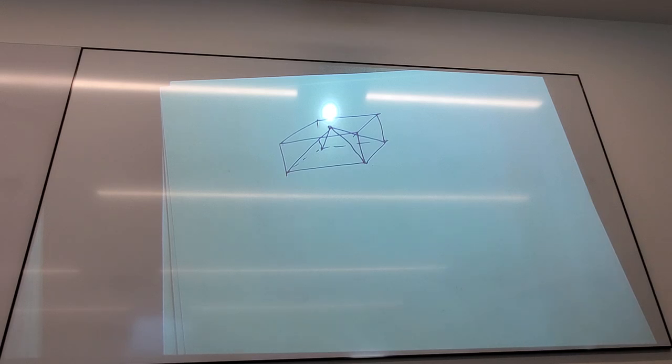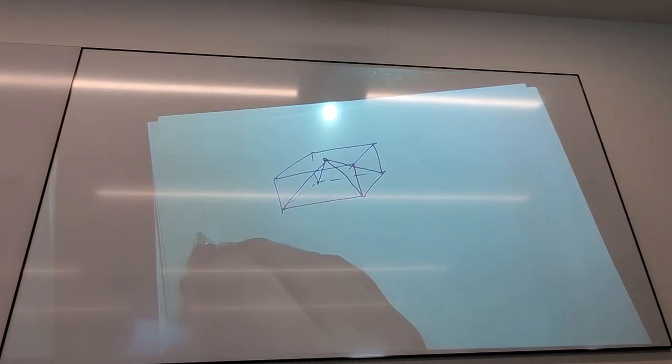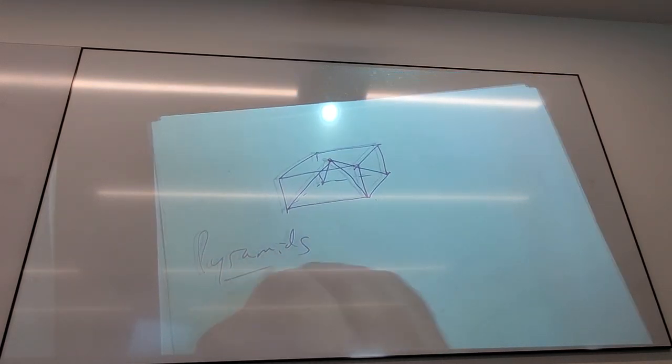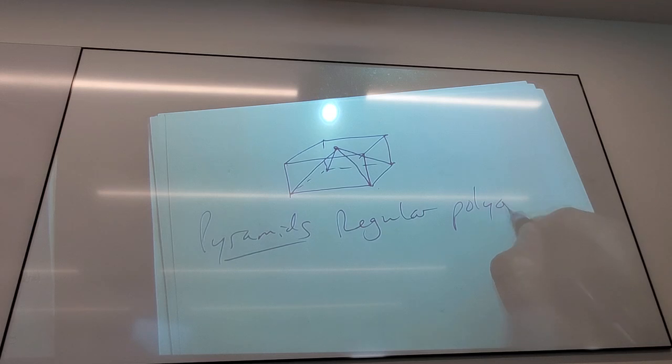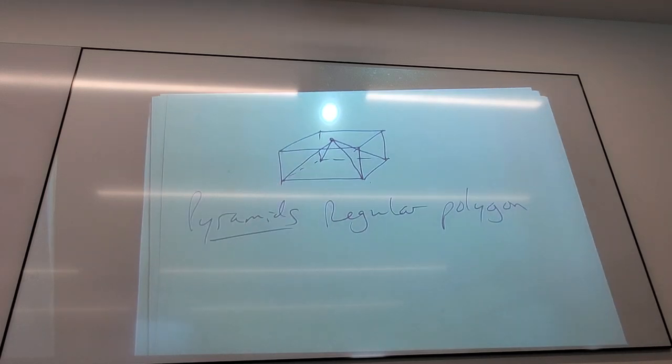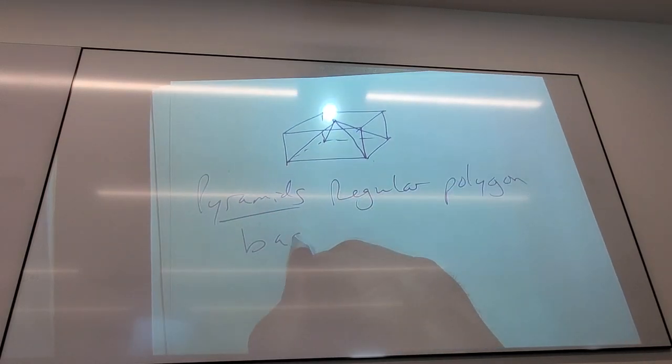So going back to stuff about pyramids, if they have a regular polygon base, and somebody remind me, we already said this earlier, but what's a regular polygon again? Yeah, all sides and all angles are congruent, yes.